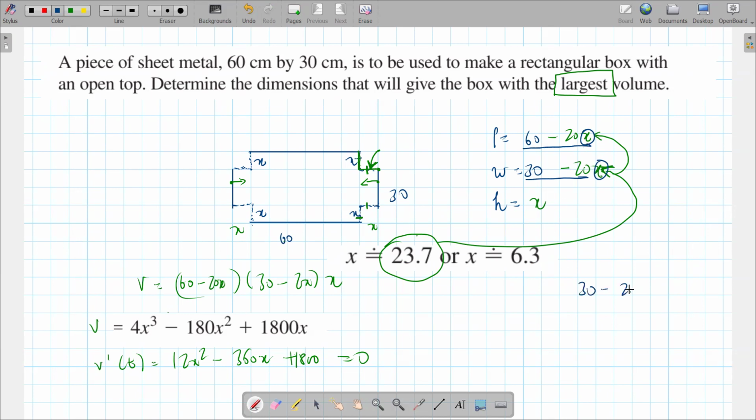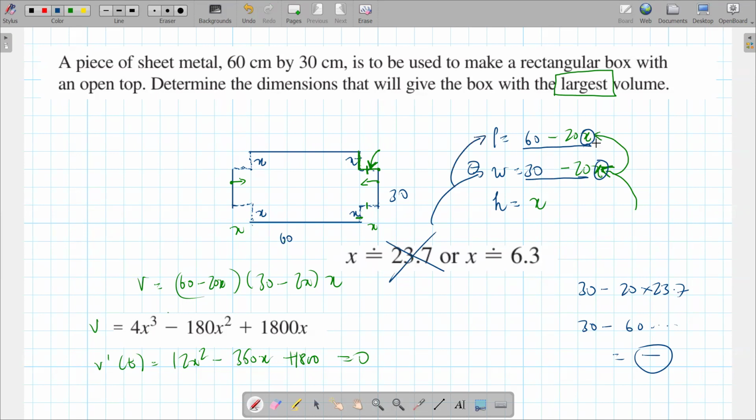We'd get a negative value. Look at this, this is going to be 30 minus 600 something. Width cannot be negative. Neither can length. Length would also be negative if you were to use this x value. So we ignore this x value. This is invalid because it gives us a negative width and a negative length.